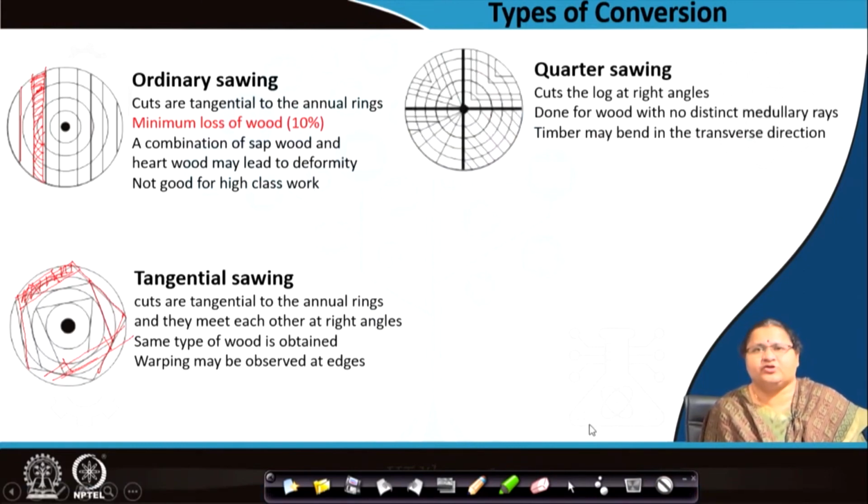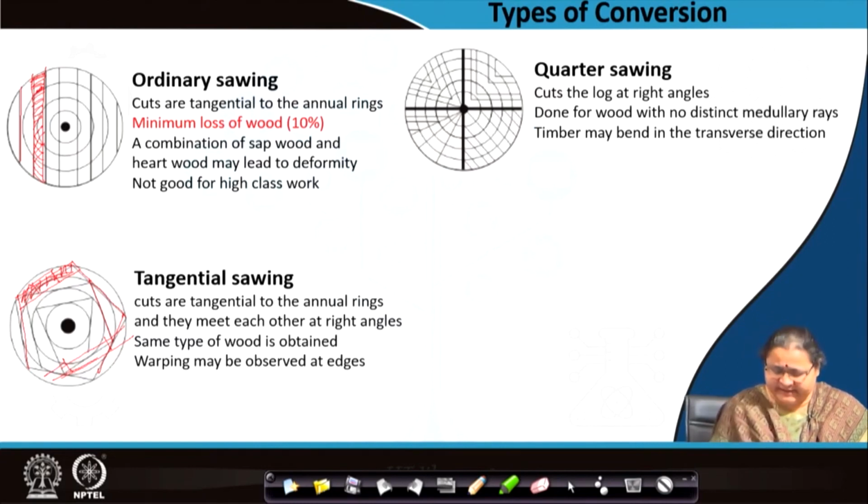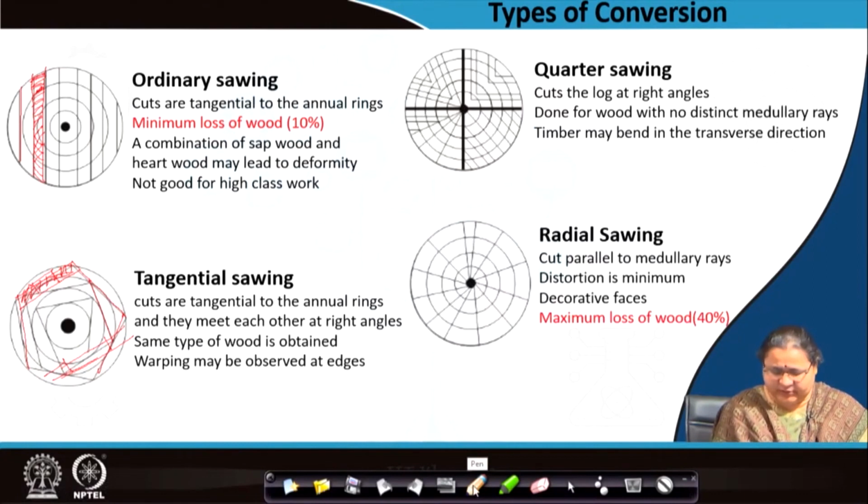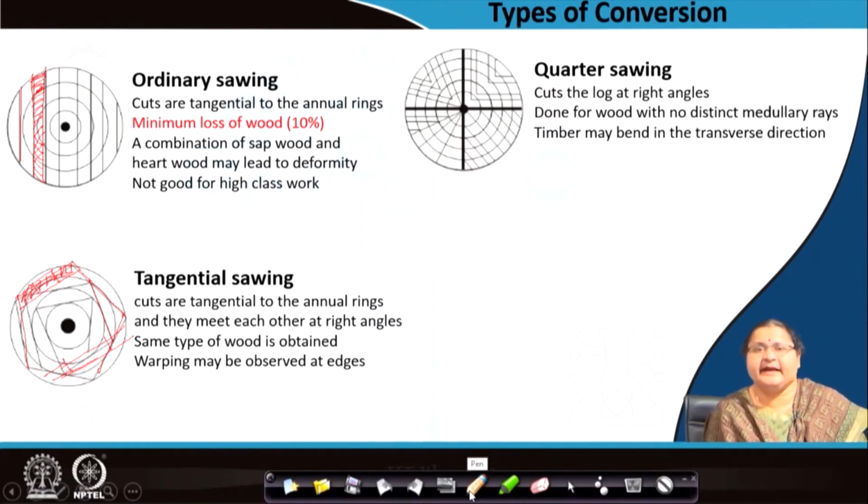It is quarter sawing. Here you are dividing the entire log into 4 parts, and then you are cutting at right angles, you can see, and getting the pieces.